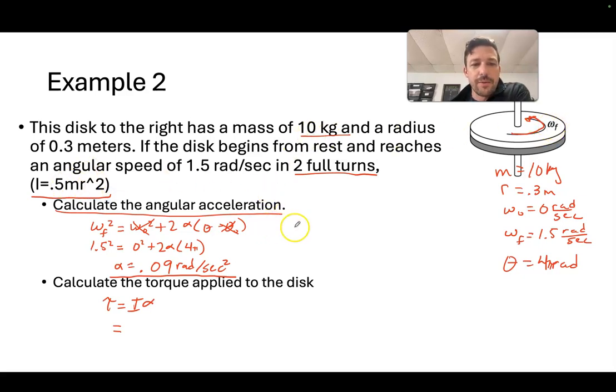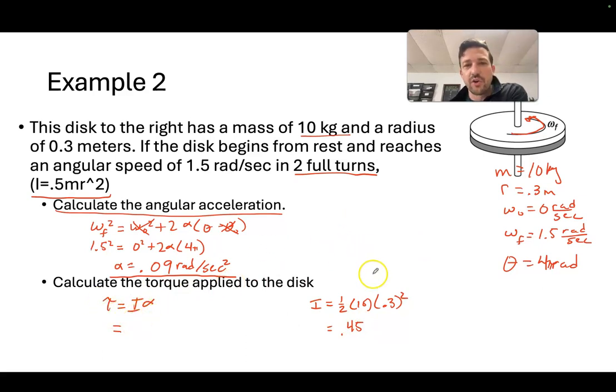If you want I, it's going to be a half times the mass, which is 10, times the radius squared, which was 0.3 squared. So let's see what I is. That comes out to 0.5 times 10 times 0.3 squared, and that is 0.45. 0.45 is my moment of inertia.